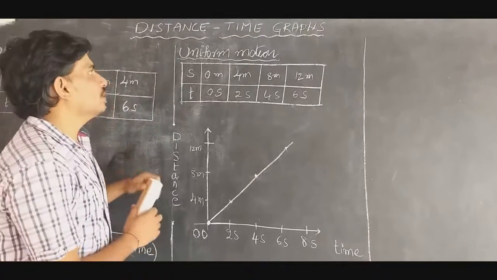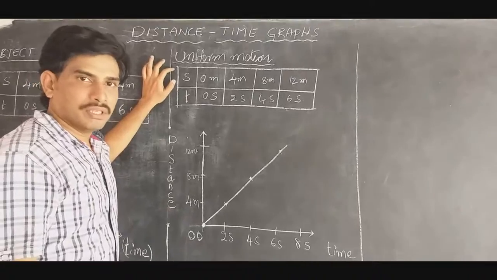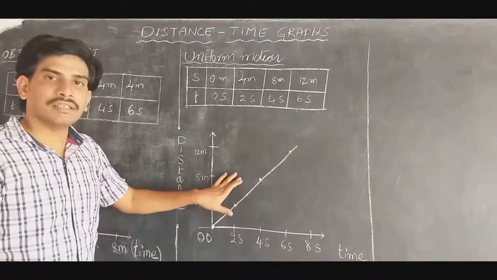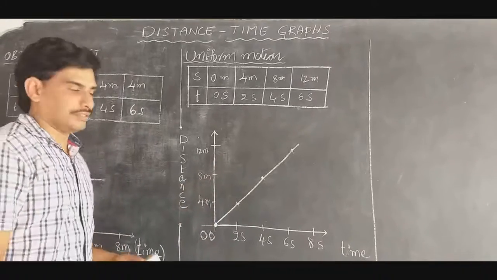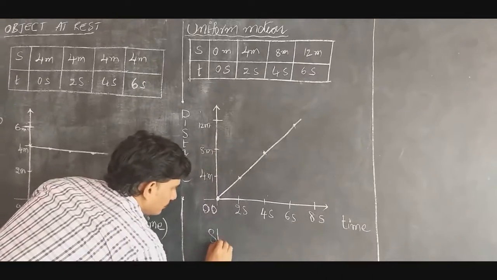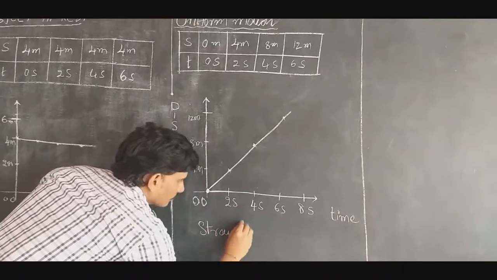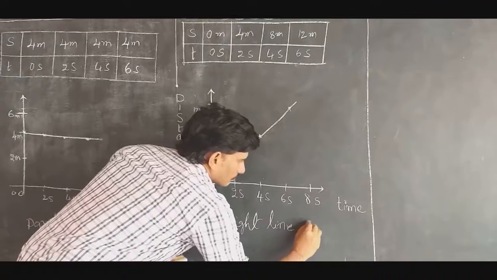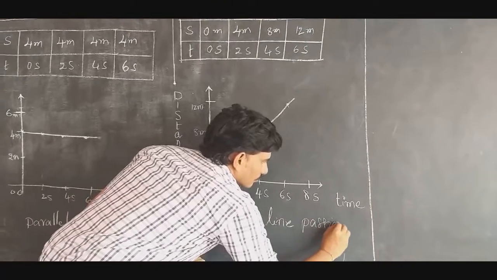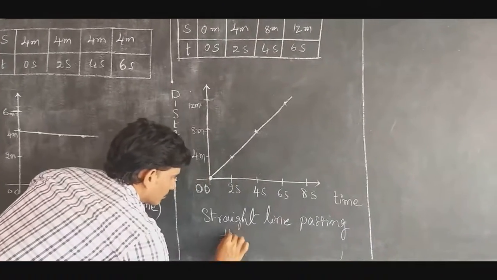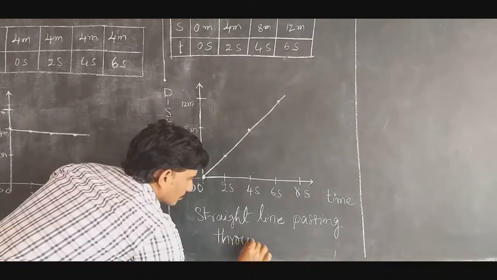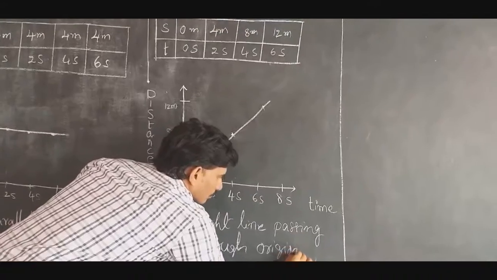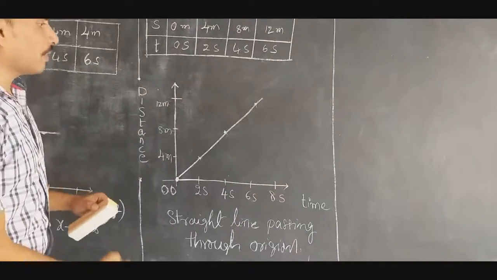That means for the uniform motion of the object, when you are drawing the graph between distance and time, the shape of the graph is a straight line passing through the origin.